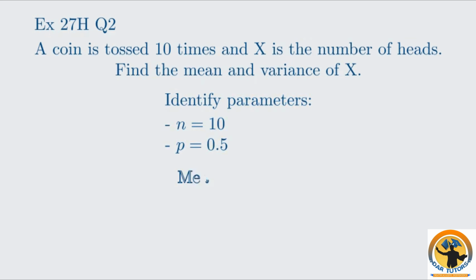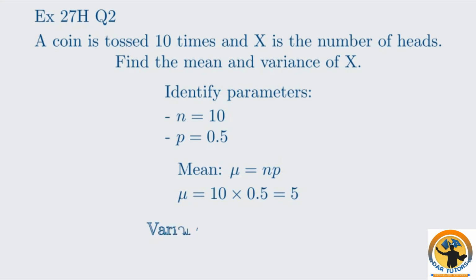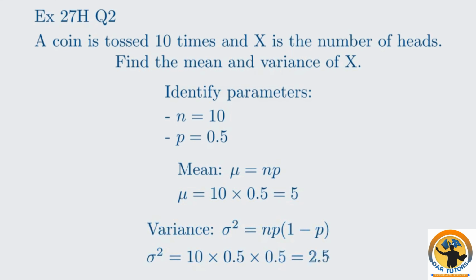The mean is n times p, which is 10 times 0.5, giving 5. We expect to see 5 heads. The variance is n times p times 1 minus p. So that's 10 times 0.5 times 0.5, which is 2.5. This problem was simpler, but it's a good reminder of how these formulas apply directly.